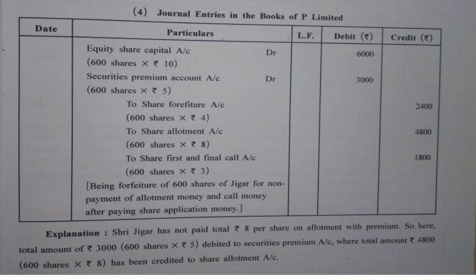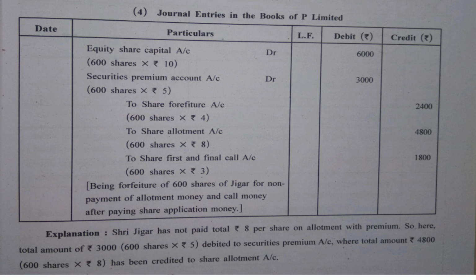Here also it is 9,000. Alright. I repeat, whenever the amount of premium is not received, yes, it is to be separately debited. And if the amount of premium is received, then premium is not to be shown anywhere in the journal entry of forfeiture of shares. Alright?